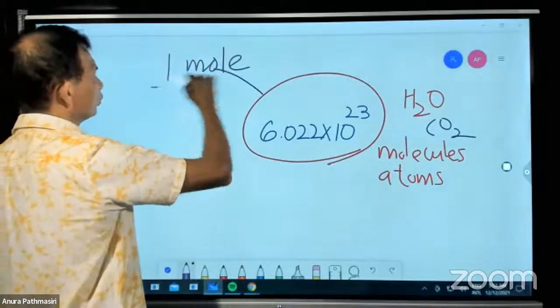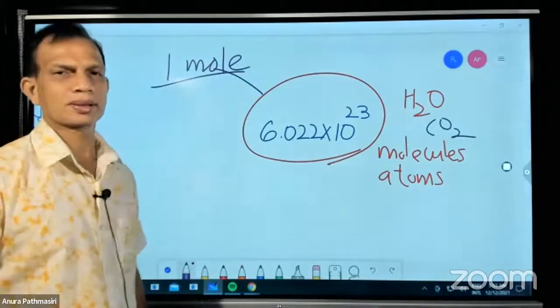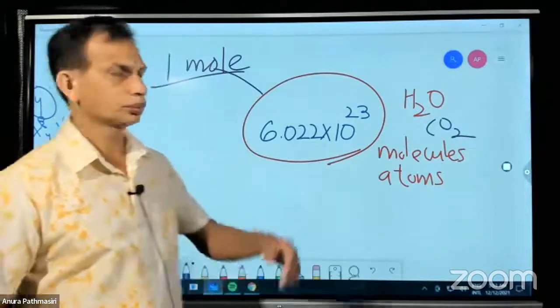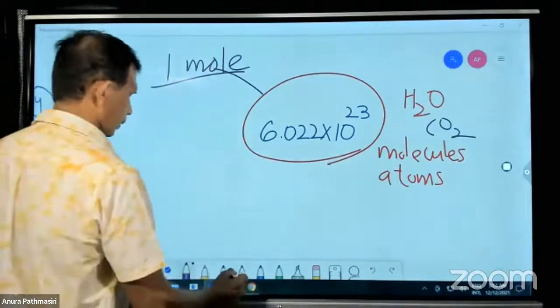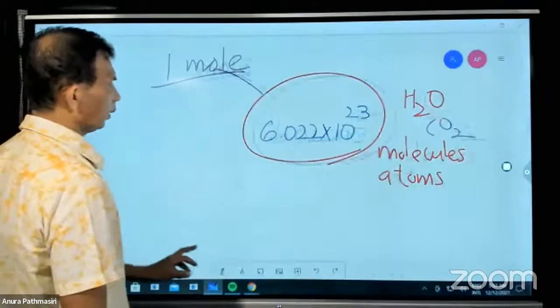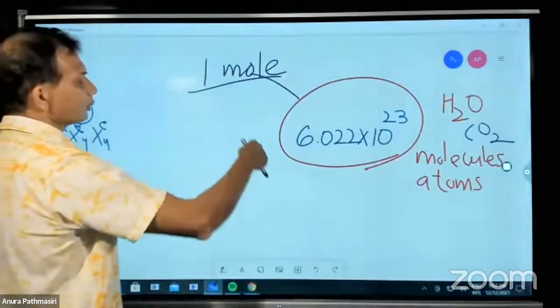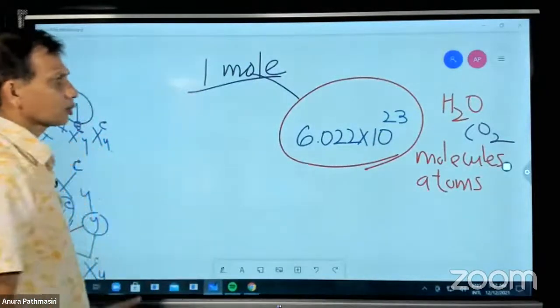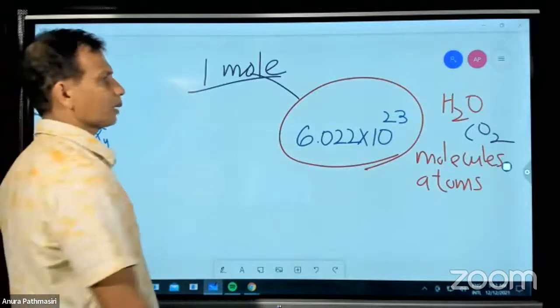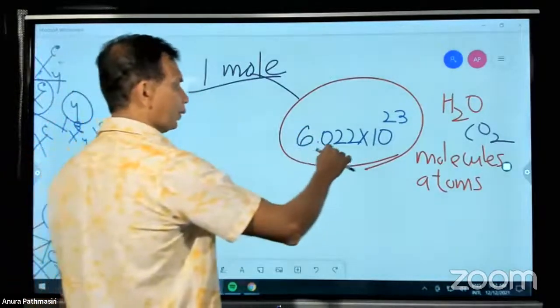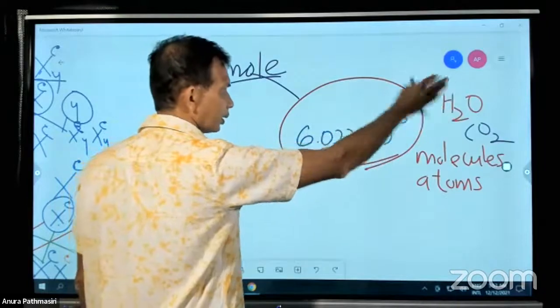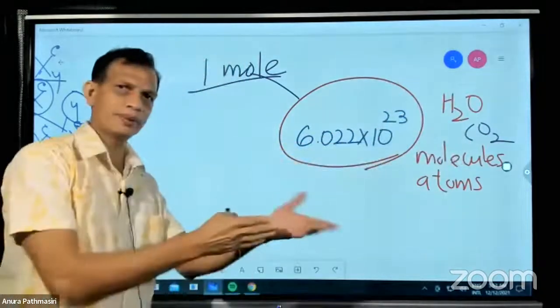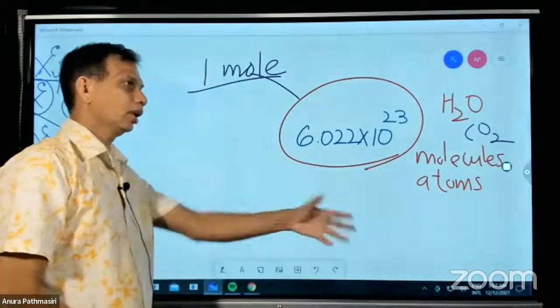Now we want to know what 1 mole means. So what is a mole? The mole is the amount of substance whose mass contains 6.022 times 10 to the power 23 molecules. Then there is 1 mole.